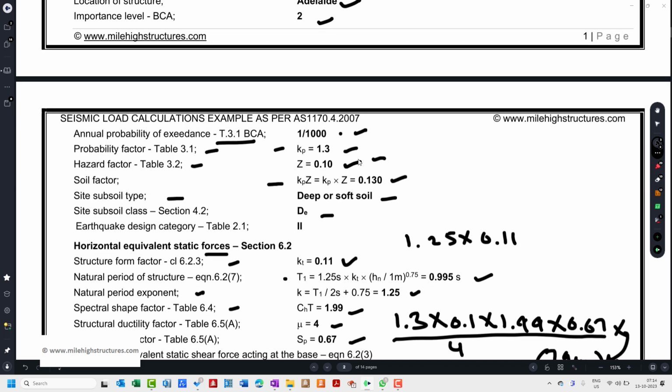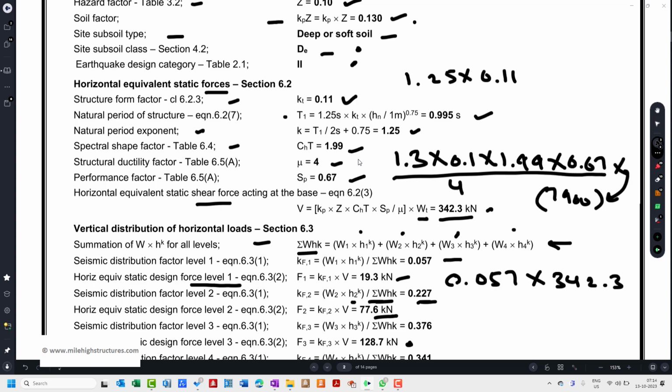After that, as per the soil factor, we have calculated the Kp into Z and classified the soil type as class De and earthquake design category as 2. After that, we can calculate the horizontal equivalent static force by first of all calculating the fundamental natural time period of the structure, which is 1.25 into Kt into hn to the power 0.75. So this value comes out to be 0.995.